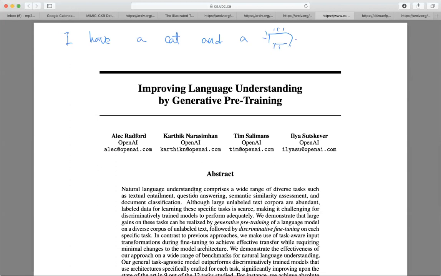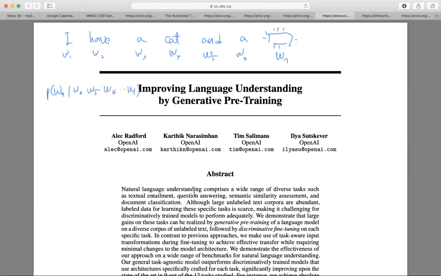Given word 1, word 2, word 3, word 4, word 5, word 6, what would come as word 7? Basically, that's what language modeling is. So it's estimating the probability of W7 given W6, W5, W4, all the way to W1.